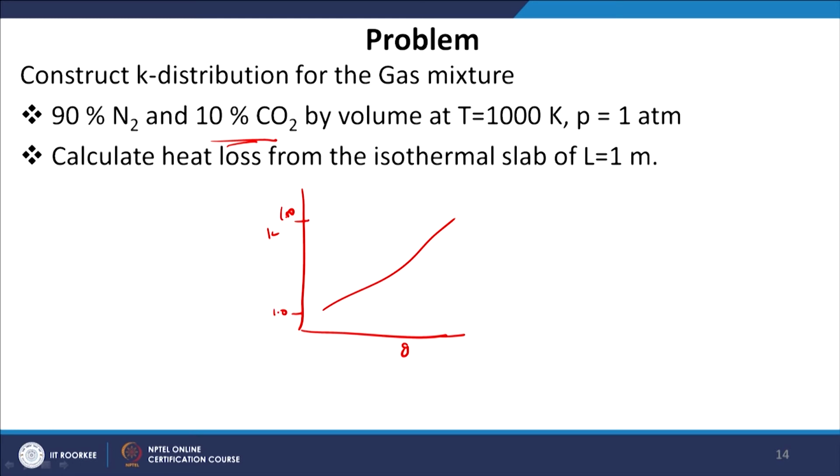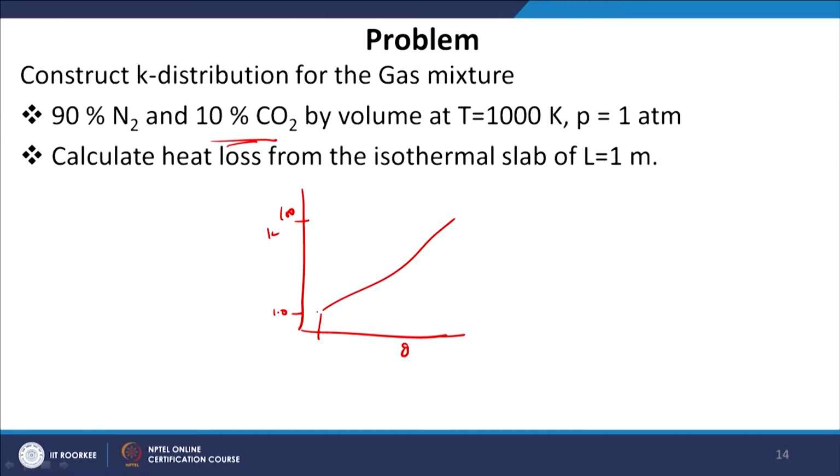This is all cooked up data; it does not have the actual values. I am just giving you an idea of how to solve this problem. So, we generate the K distribution from the correlation at 1000 Kelvin and 1 atmospheric pressure, and the value of K goes from 1 to 100.